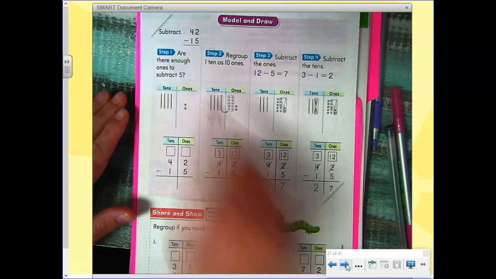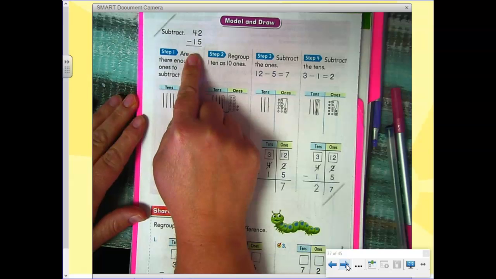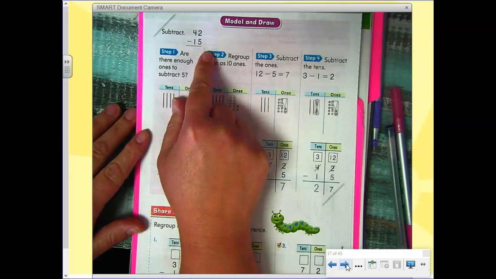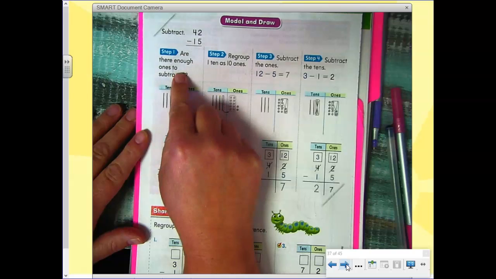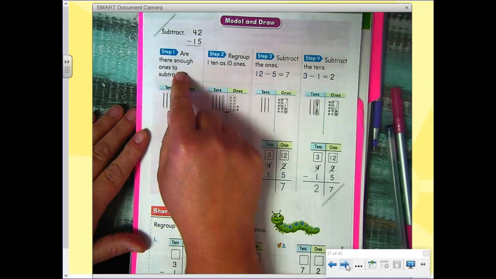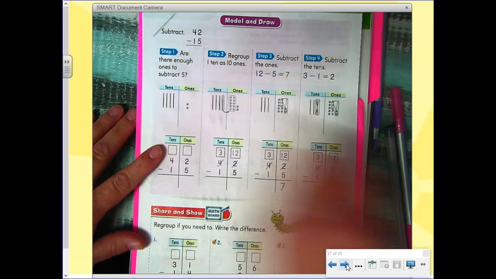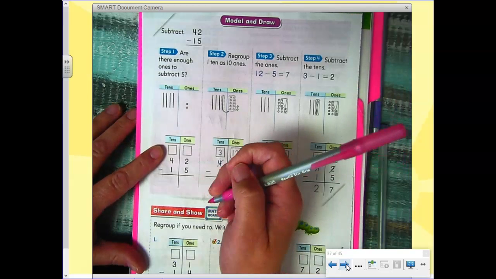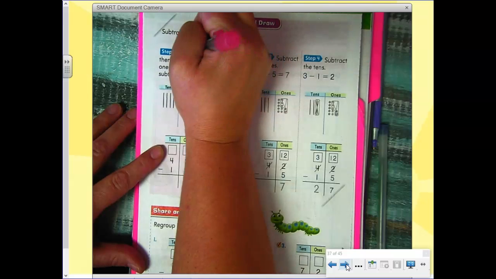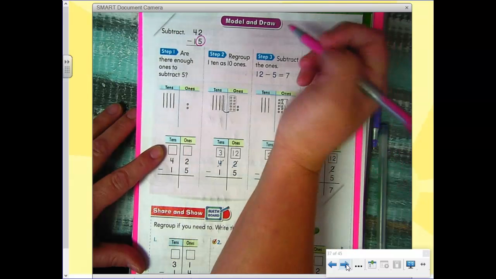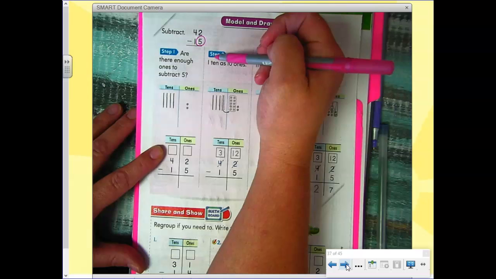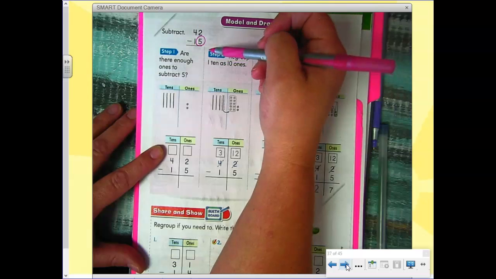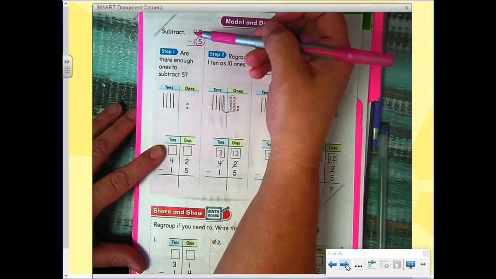All right. Now, we have the problem 42 minus 15. The first step you need to do is look in your ones place. I want you guys to circle the larger number. If your larger number is on the floor or on the bottom, we know we need to go next door and grab 10 more.